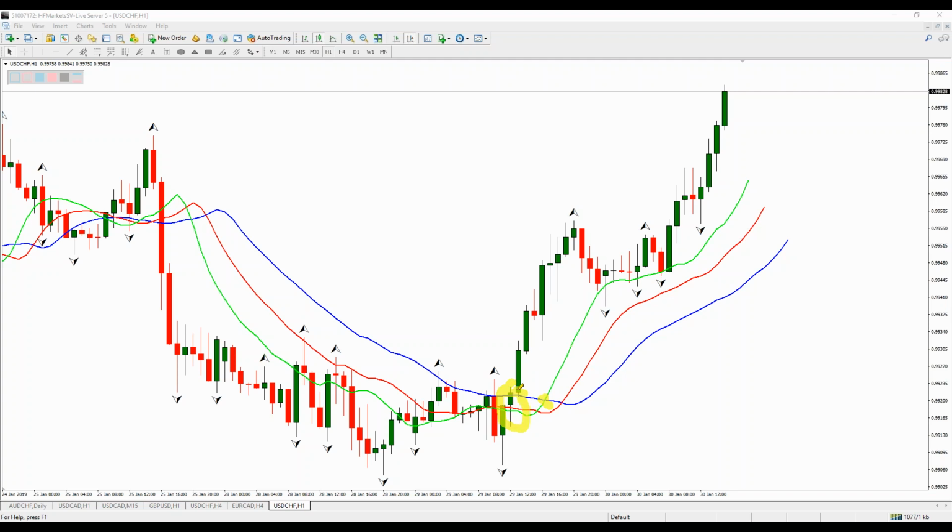When the lips cross the jaw, what is happening? It gives us, as an aggressive trader, an opportunity to enter at this point.